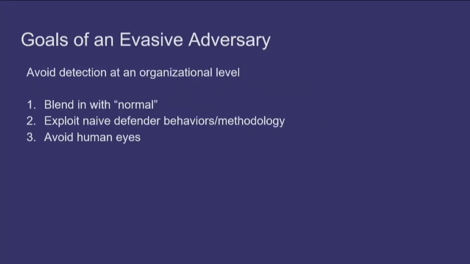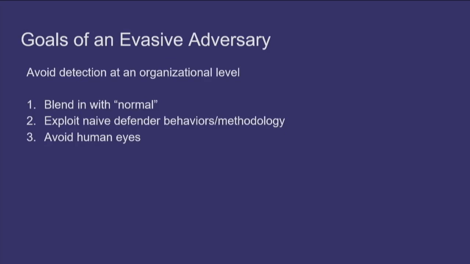Goals of an evasive adversary. So ultimately, the goal of an evasive adversary is to avoid detection at an organizational level. So if AV catches something and it's not forwarded to the back end where the SOC can analyze it, that means detection has failed because the adversary is going undetected from an organizational level.